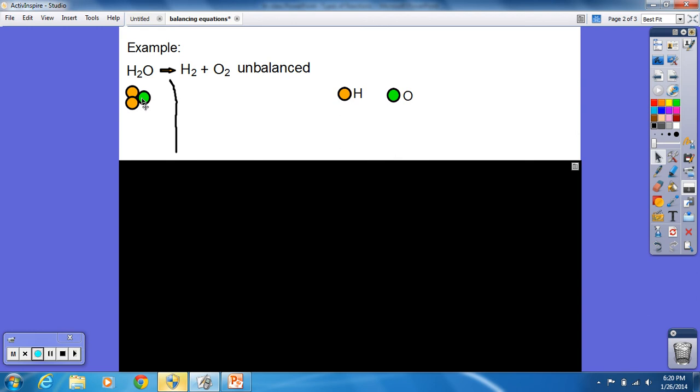So there's my water, then get 2 more for my oxygen gas. 1, 2. And notice what I'm doing here is that whenever something's a molecule, I have the atoms actually touching because those are actually bonded together. Whereas when they're 2 separate molecules, like the hydrogen and oxygen gas here, those aren't touching.